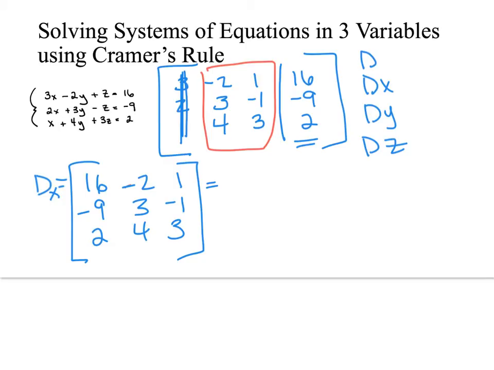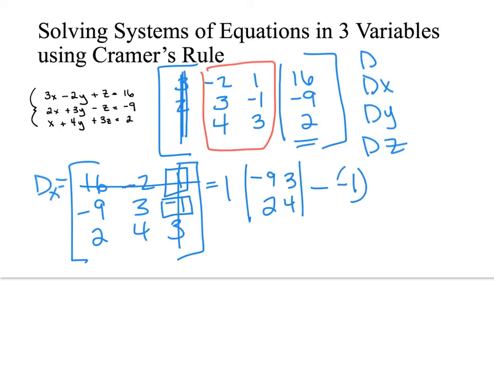So here I go. I'm going to use 1, and then its minor is going to be -9, 3, 2, and 4. Subtract my next one, which is -1. Put that into brackets so that I include both of the negatives here.